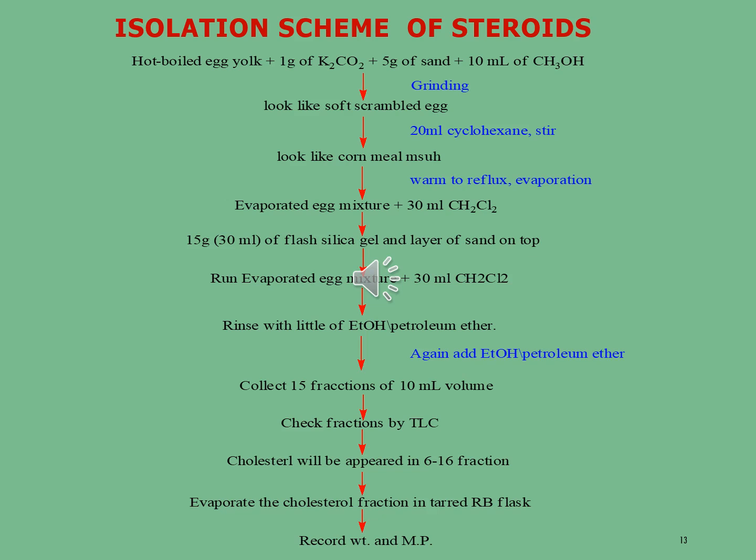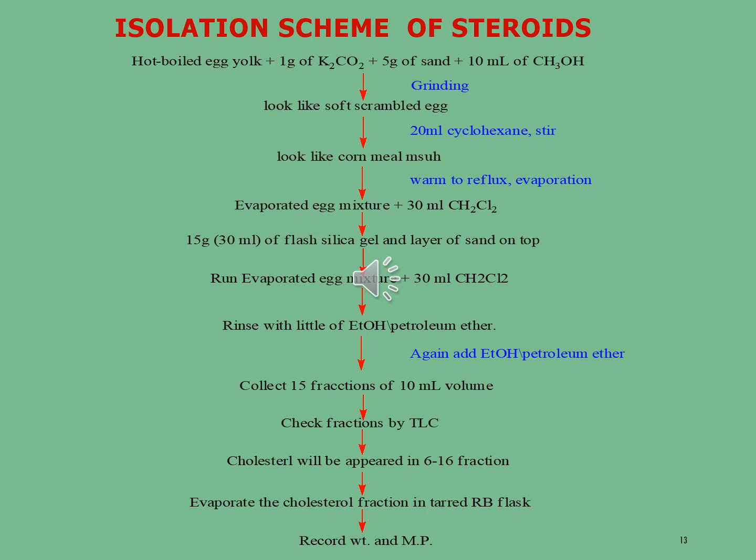Now, it is rinsed with ethanol with the help of petroleum ether. After that, the elution is again carried out with ethanol and petroleum ether in a specific ratio. In this way, from the column chromatography, we get a total of 15 fractions and each fraction has 10 ml of volume.